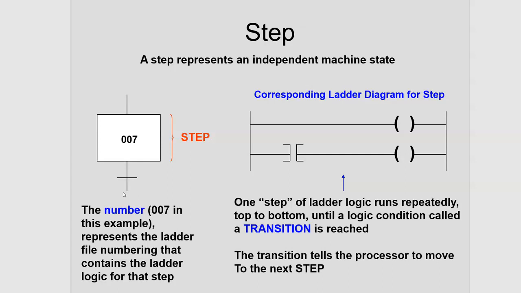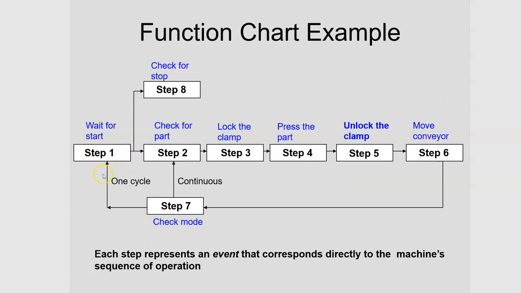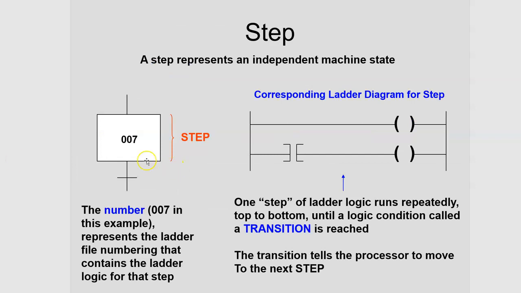You can put the ladder logic in for the transition. Now, what is this step in the transition? Well, the step is the actual process. It's the actual process that you want to go to or through.